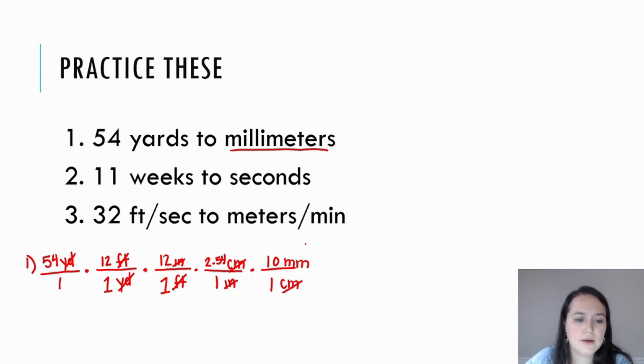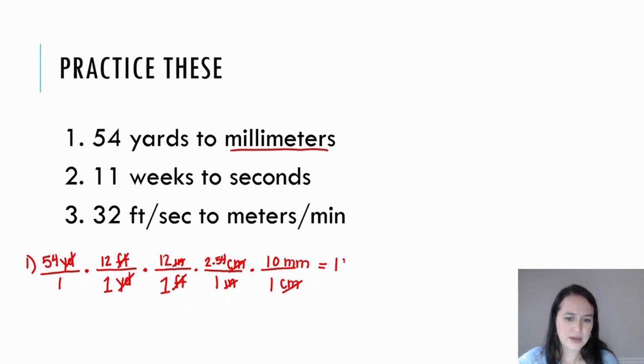Okay. Whew. So no matter how many steps you took to get here, notice the bottom is all just 1, so I don't really have to worry about the bottom. I'm trying to figure out what 54 yards is in millimeters. All right, 54 times 12 times 12 times 2.54 times 10.